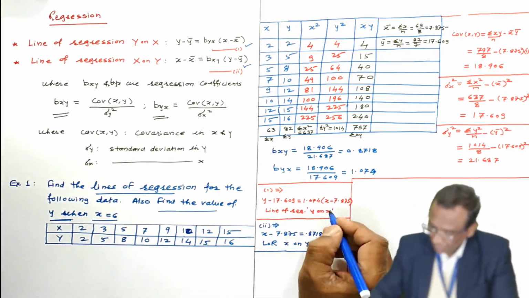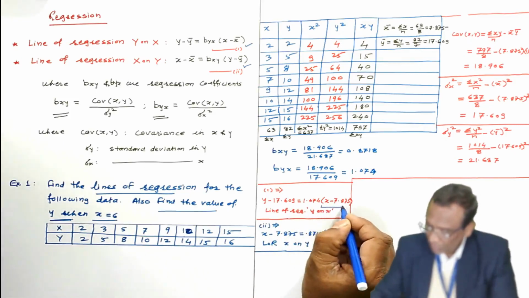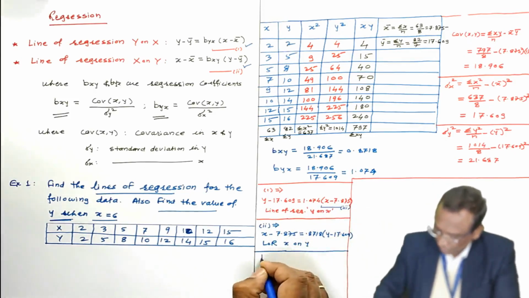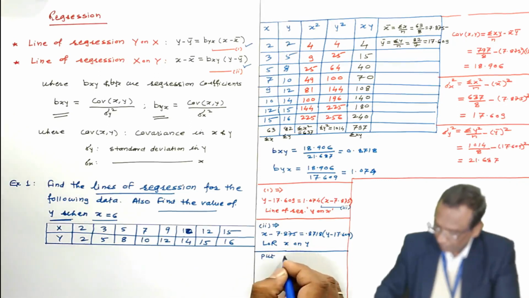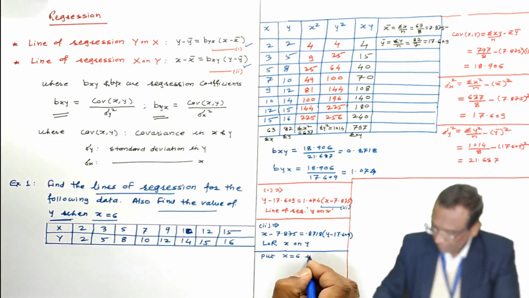The line of regression y on x equation, this is equation 3. Here put x equal to 6 in equation 3.